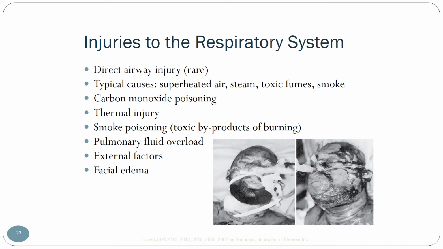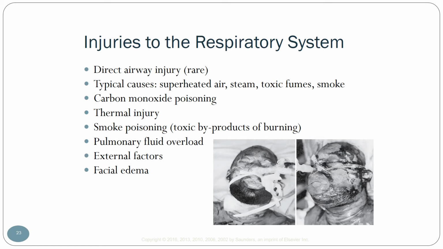Injury to the respiratory system includes direct airway injury, which is rare. Typically, we don't have actual burning of the tissue in the airway, unless it's related to a chemical inhalation or something like that. Typical causes, though, can be superheated air, so just very, very hot air or steam coming from something that's burning.